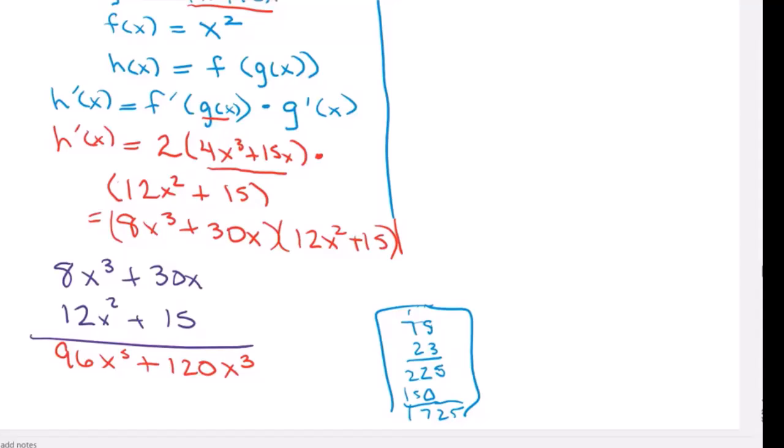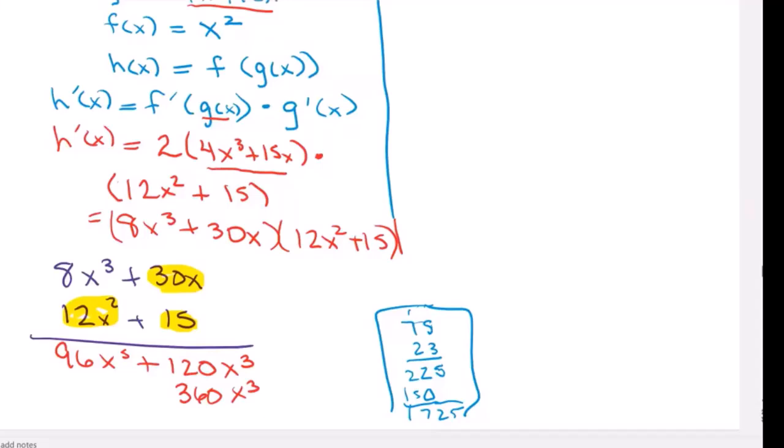Now I've got 8x cubed times both terms on the bottom. Now I'm going to multiply 30x times both terms on the bottom, and I'm just going to put them underneath where they belong. For example, 30 times 12 is 360x cubed. Why don't I just put it under here? That way I don't have to go hunting for it later. And this is very nice when I have a lot more terms.